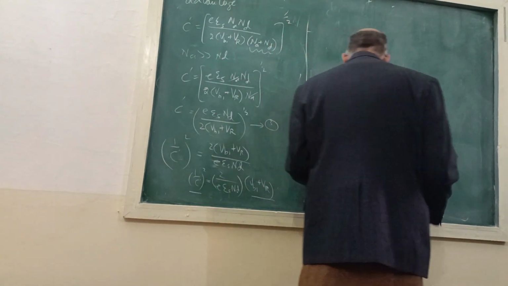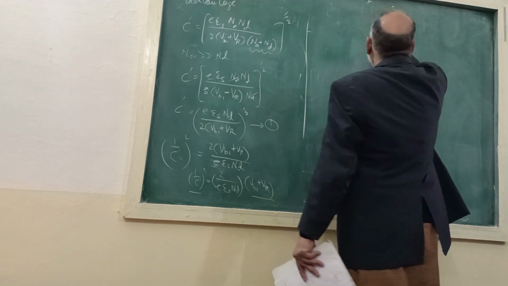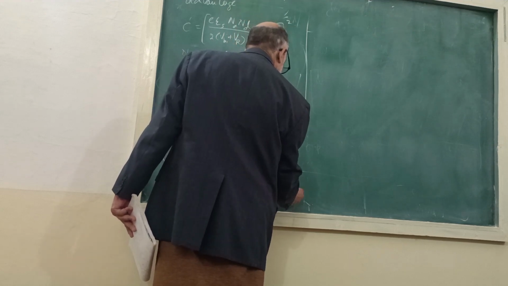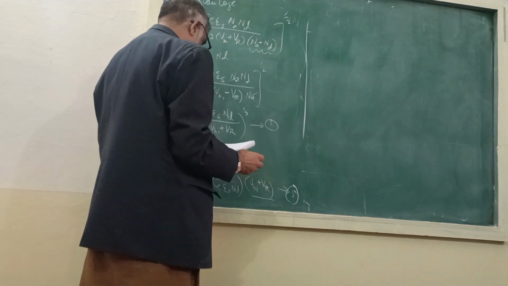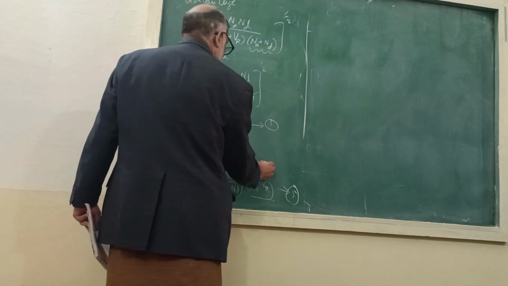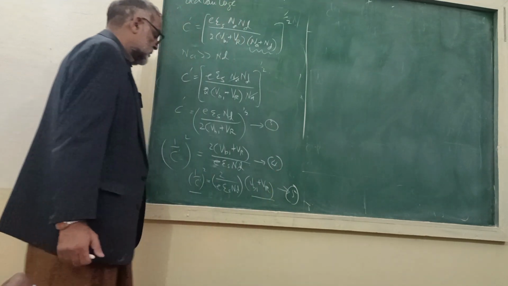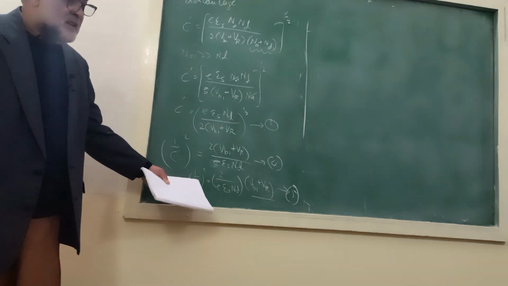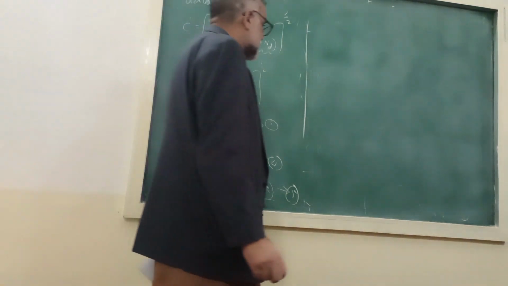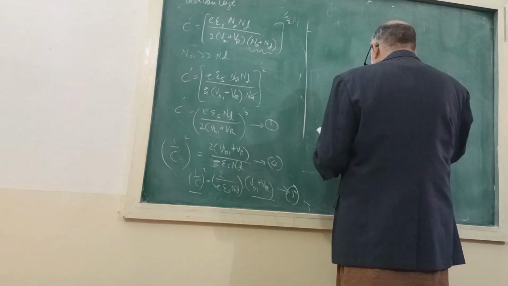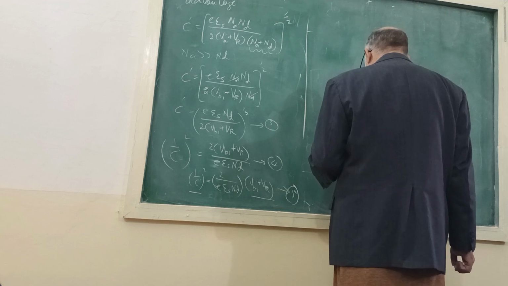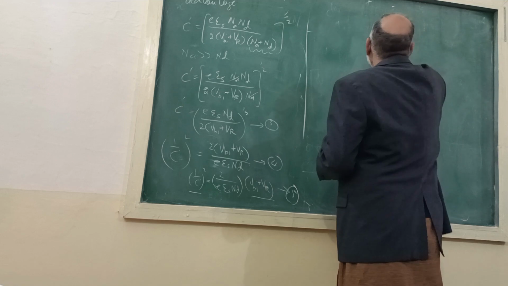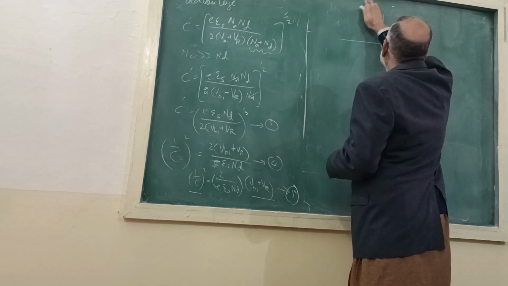So if we plot it, that is equation number, suppose 5, and that is 4. I'm plotting 1 over C square compared with VBI plus VR. So on this axis, I have 1 over C square.